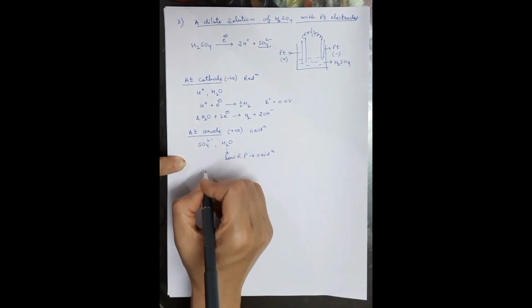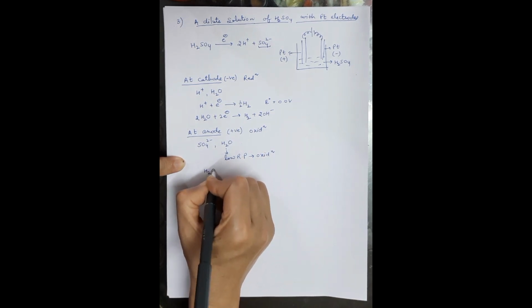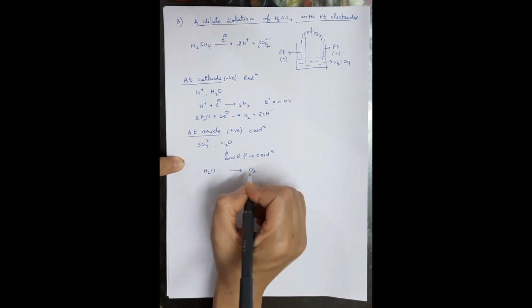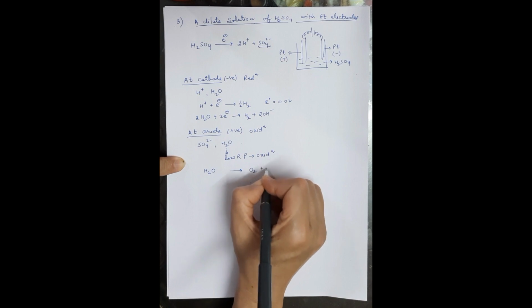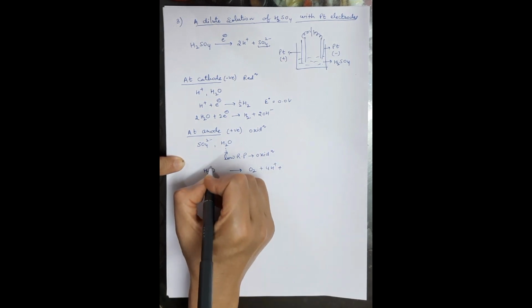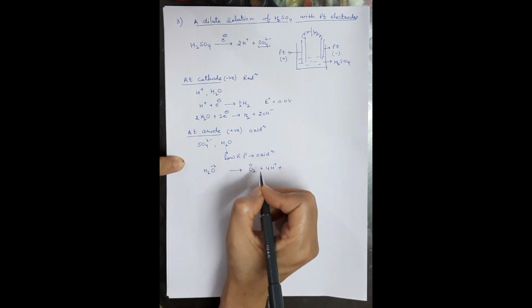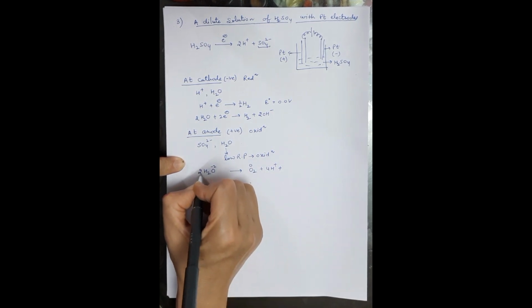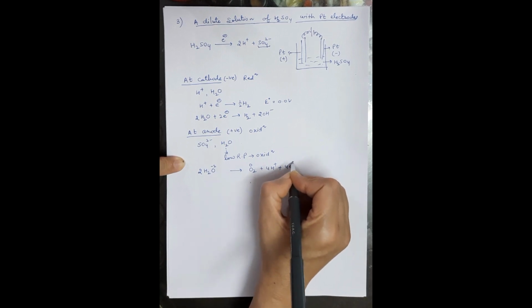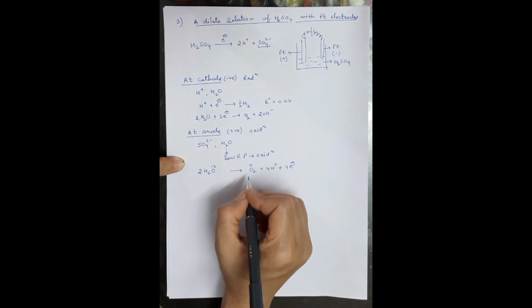How it undergoes oxidation? Already you know, water changes to O2, and if you balance it you will get here 4H plus, and how many electron changes there? Minus 2 to 0. 2 electron changes there, but when 2 oxygen changes to O2, then it is 4 electron changes there. And now this is a balanced chemical reaction.